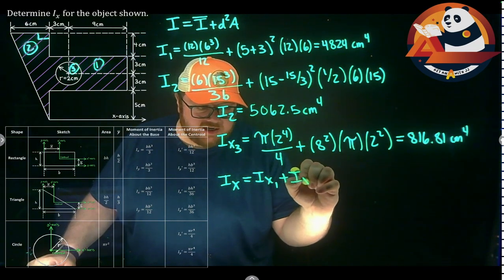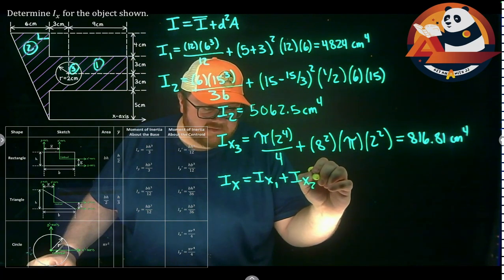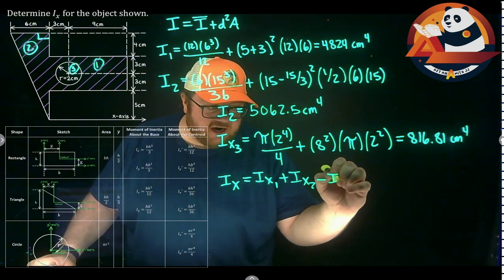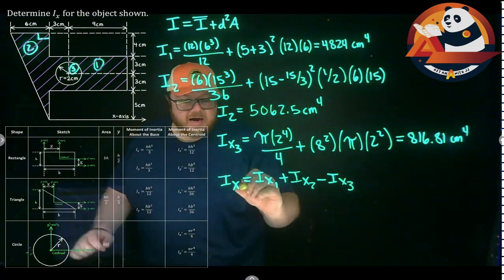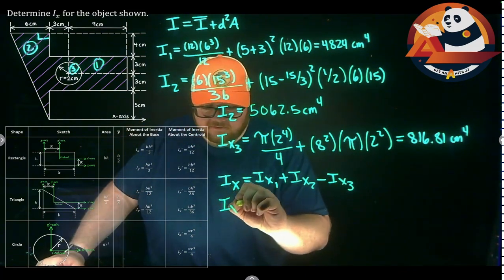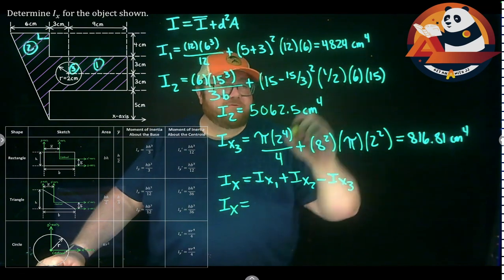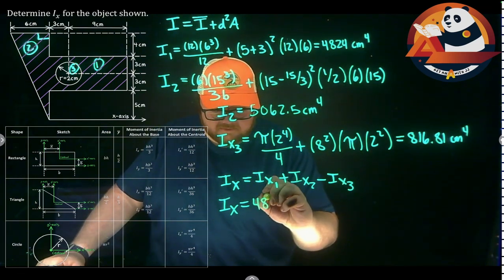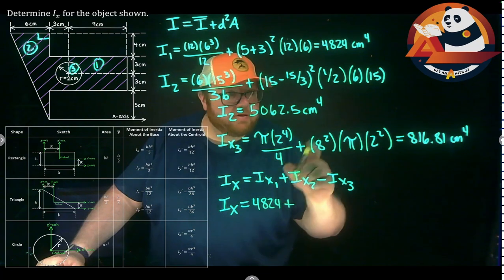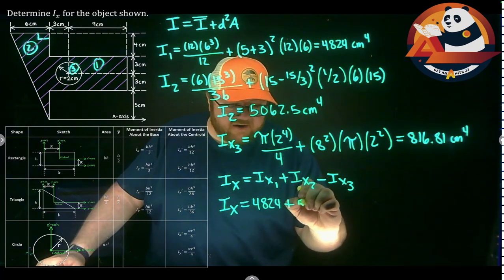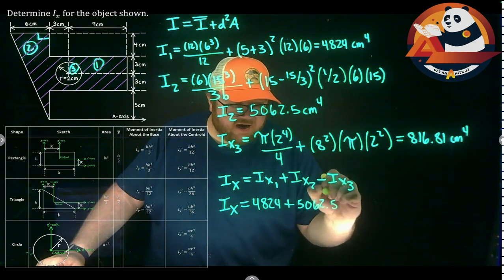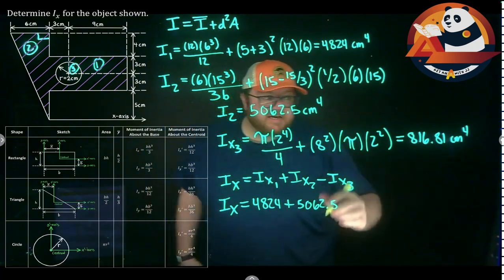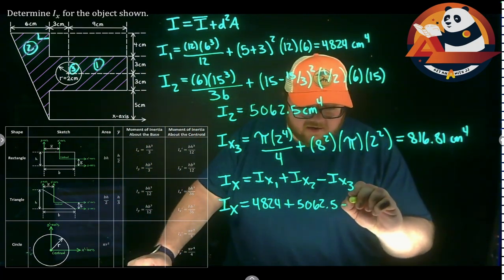Shape 2 was positive, so plus Ix2. Shape 3 was negative, so we'll just subtract it out, minus Ix3. Or my Ix is going to get me 4824 plus 5062.5 minus 816.81.